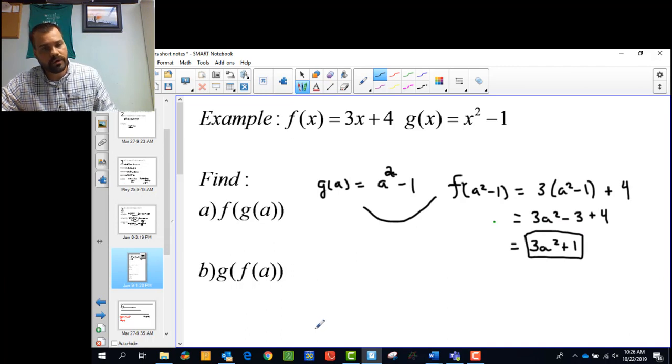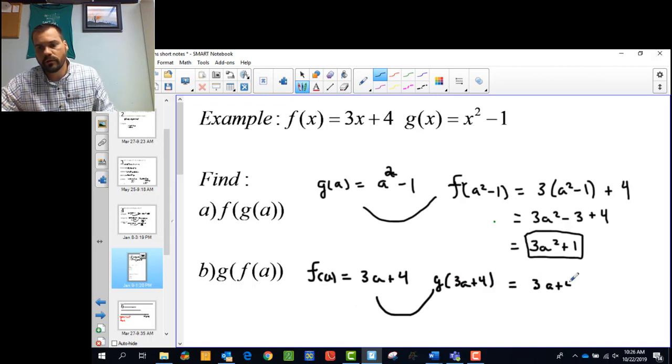Okay, the other way around, you're going to start by saying f of a. What's that? Well, that's 3 times a plus 4, because we just replaced the x with a, and then we put that into g. So now we're going to say, what's g of 3a plus 4? And that is going to be 3a plus 4 squared minus 1.